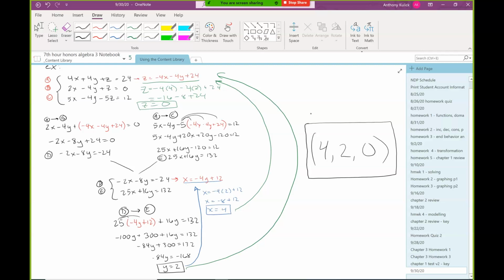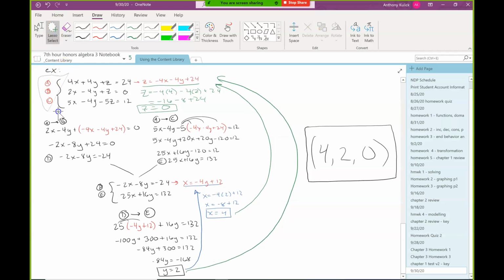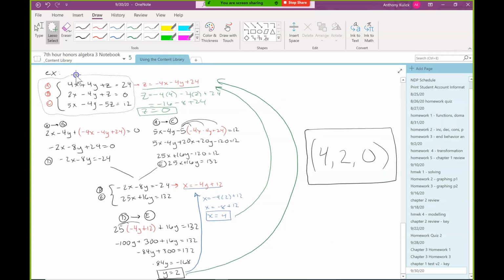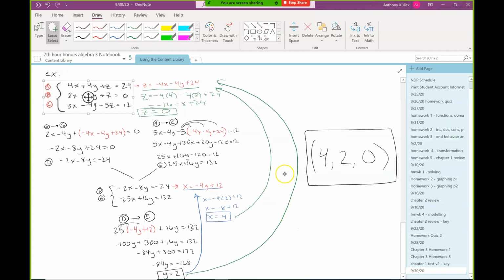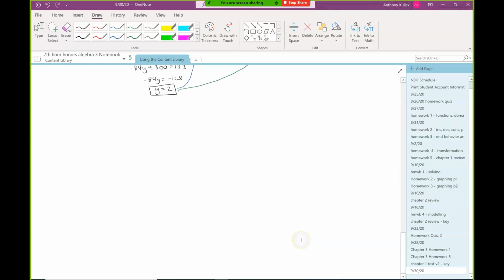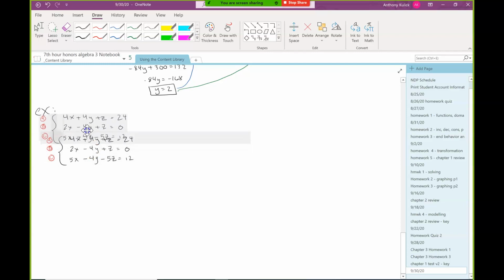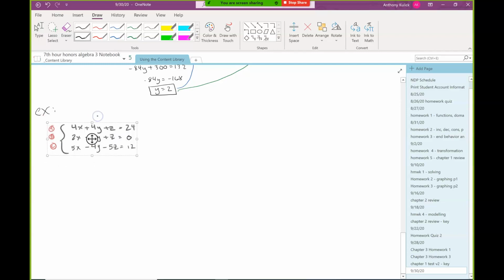So let's solve this same system now, but this time we'll use elimination. So the idea here with elimination is kind of the same as the substitution.